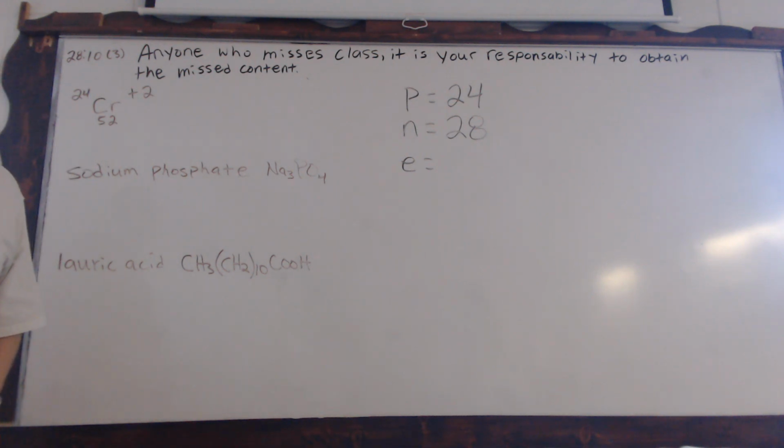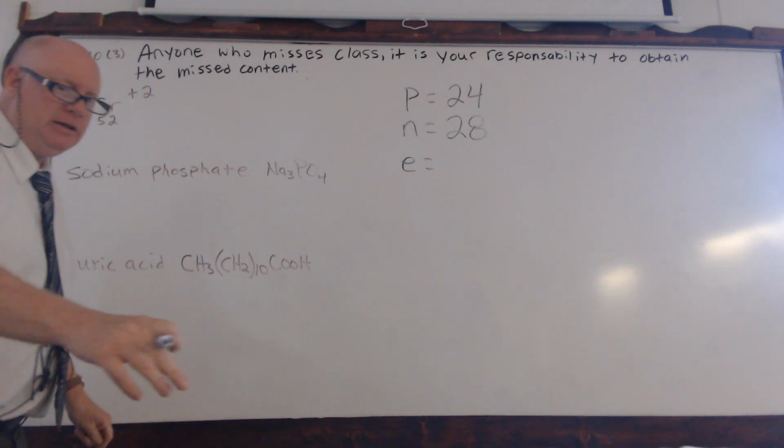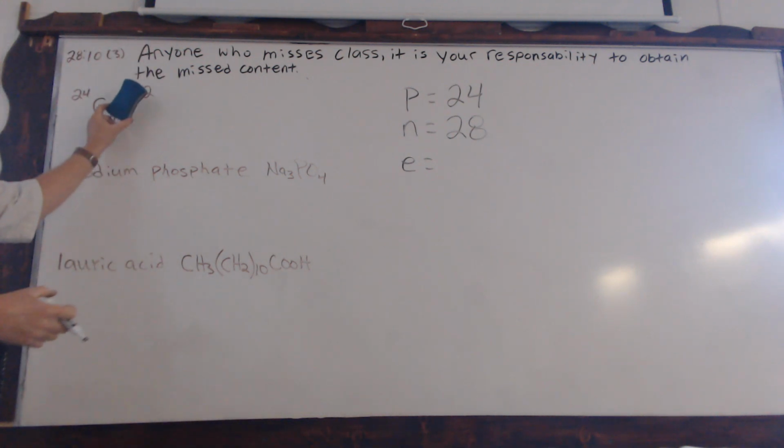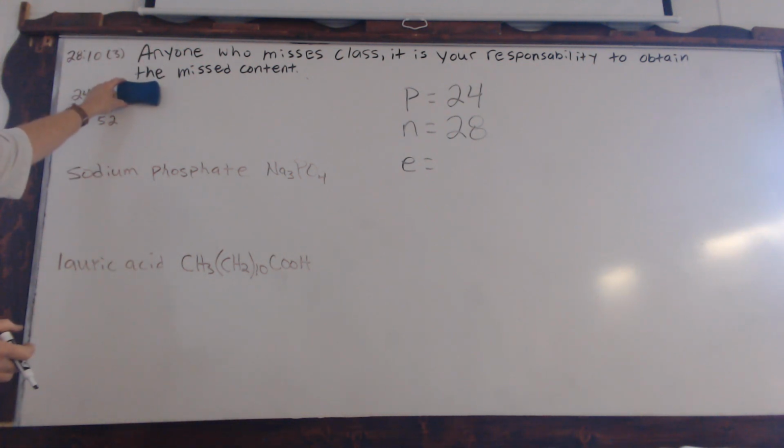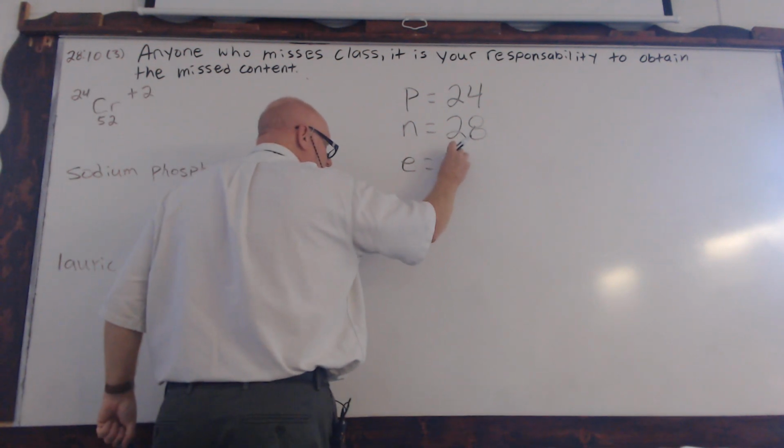So now, that's true if it was neutral, but it's not neutral. It's an ion. So if this 2 had not been there, then what would you put here? Then you'd put 24 here.